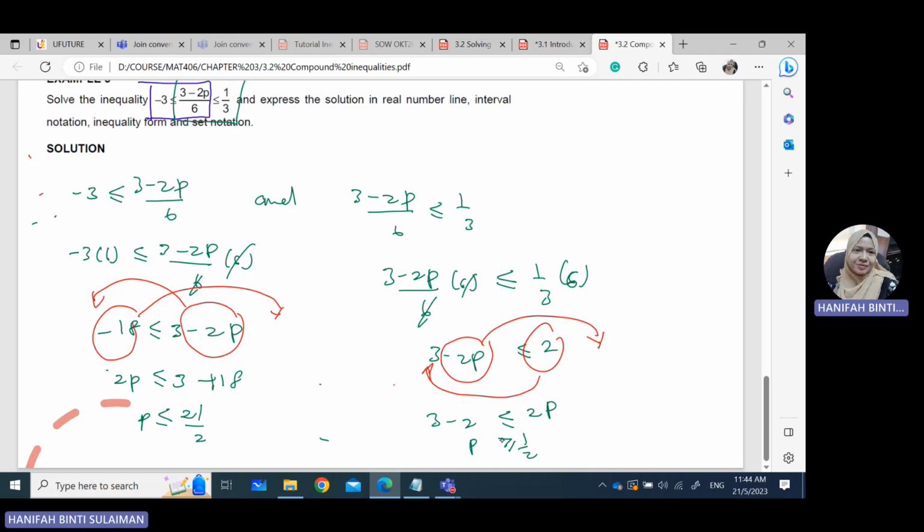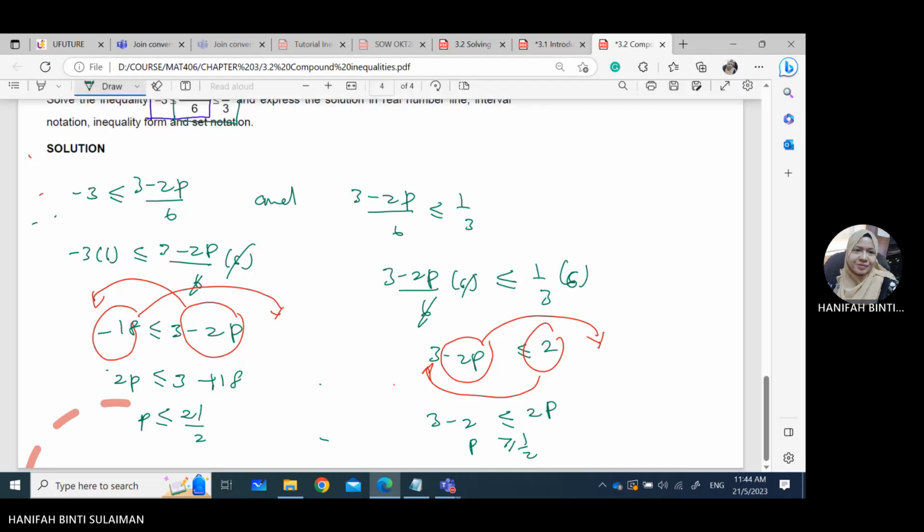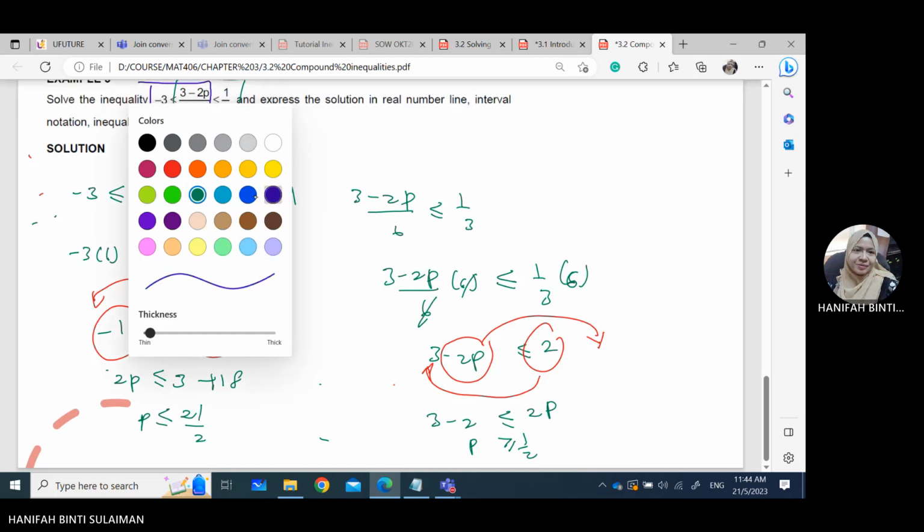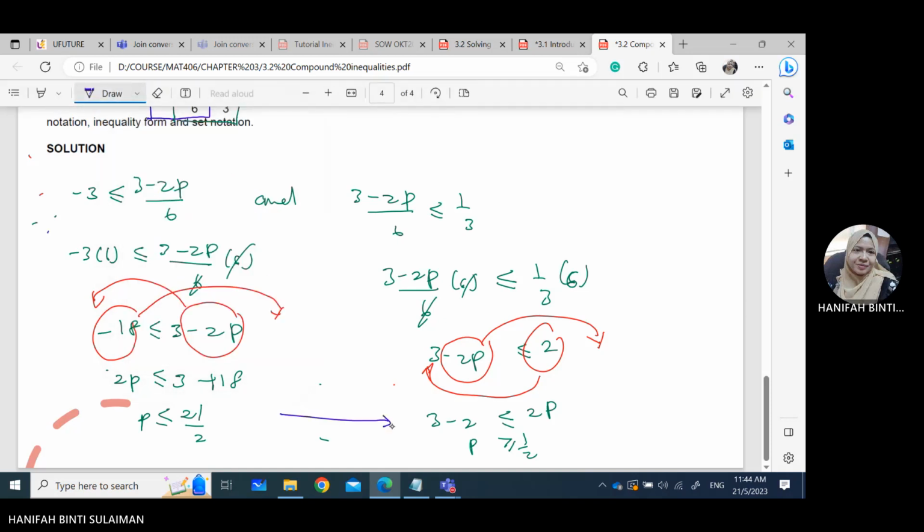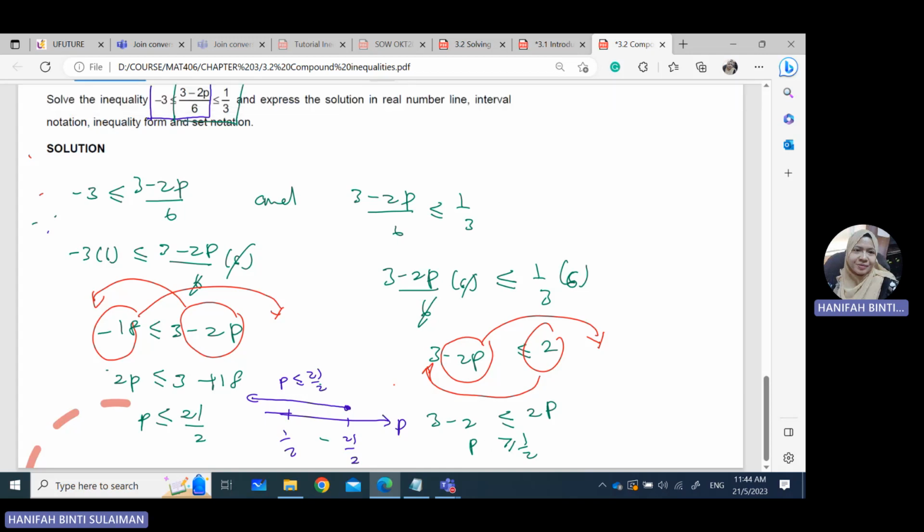Besar 1/2. Nilai P, 1 over 2 dekat sini, 21 over 2 this one. So P is less than or equal to 21 over 2. Kurang, so this one is P less than or equal to 21 over 2. And this one, P is greater than or equal to 1 over 2.